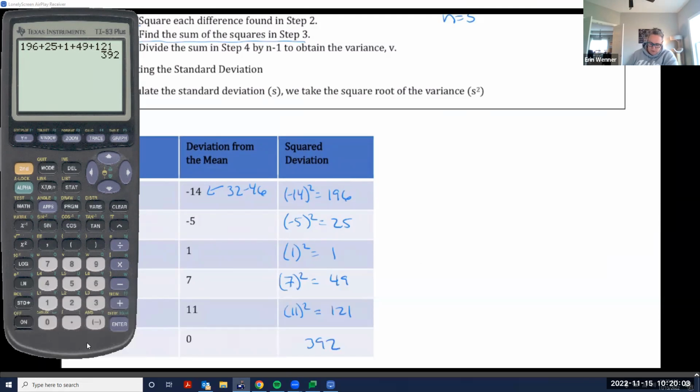And then you're going to obtain the variance by dividing that sum in step 4 by n minus 1. So remember, n is the number of data points we have. So n equals 5 here. So to calculate the variance, we're going to take that sum, 392, and divide it by 5 minus 1.